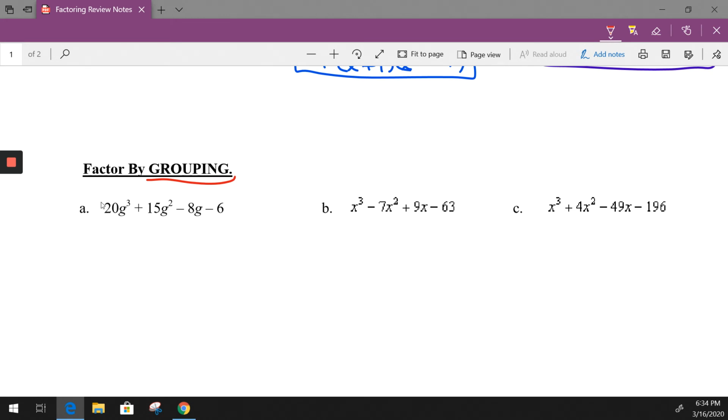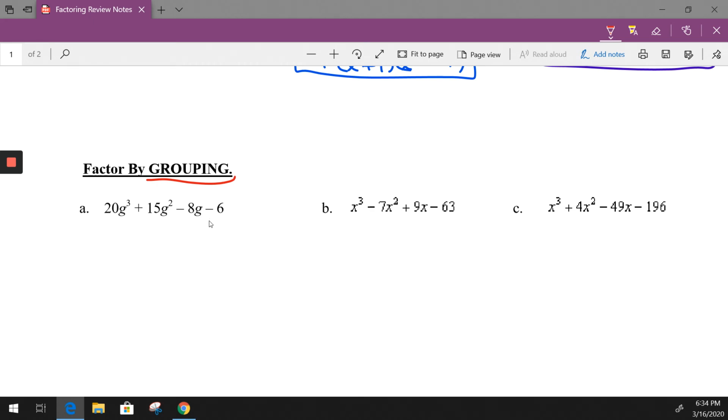I try to keep them simple at first. So when you're factoring by grouping, you do not have any common factors in any of the 4 terms. But since there are 4 terms, you could possibly factor by grouping. There are times where you cannot factor by grouping, and there are other methods of factoring for 4 terms. But these examples here, we're going to show you how to factor by grouping.